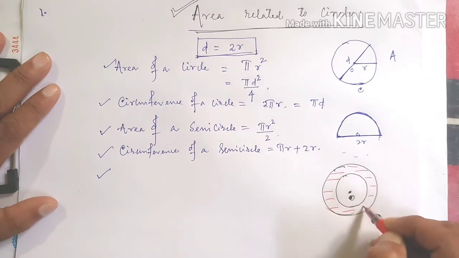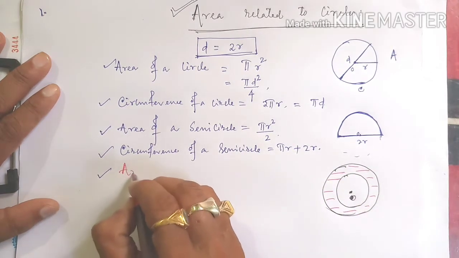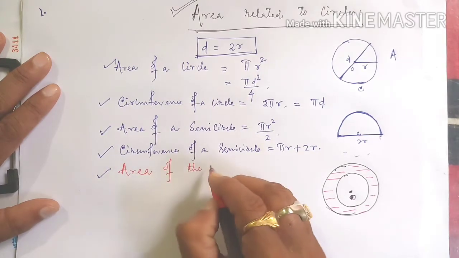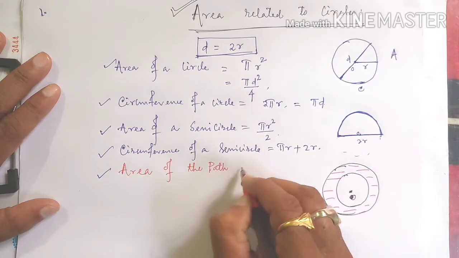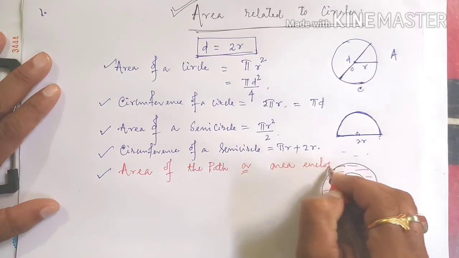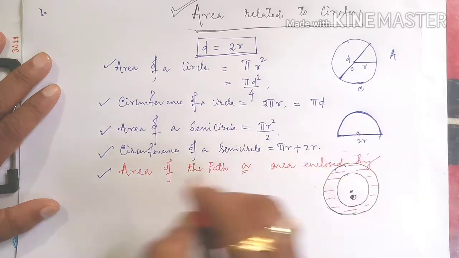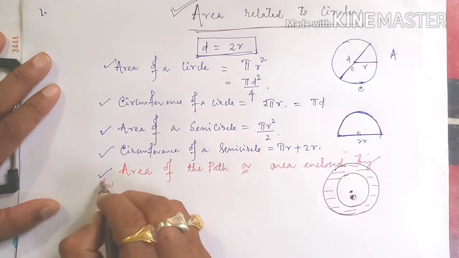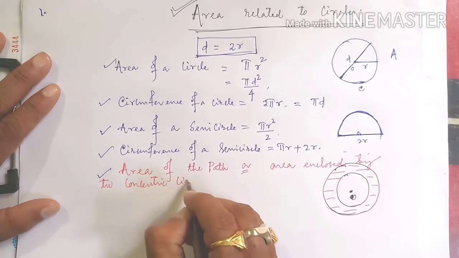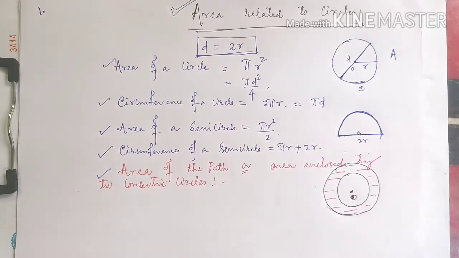Clear? This is the area of the path, or area enclosed by two concentric circles.